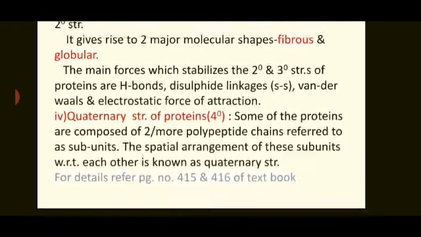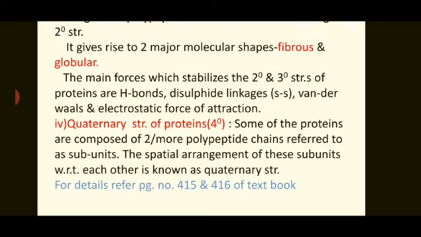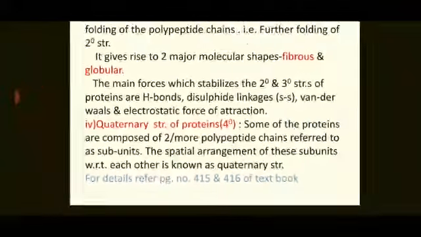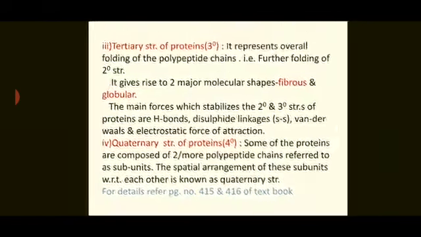Then quaternary structure. Some of the proteins are composed of two or more polypeptide chains referred to as subunits. So the spatial arrangement of these subunits, that is the three-dimensional arrangement of subunits, is known as quaternary structure. We can think of the example of a train.